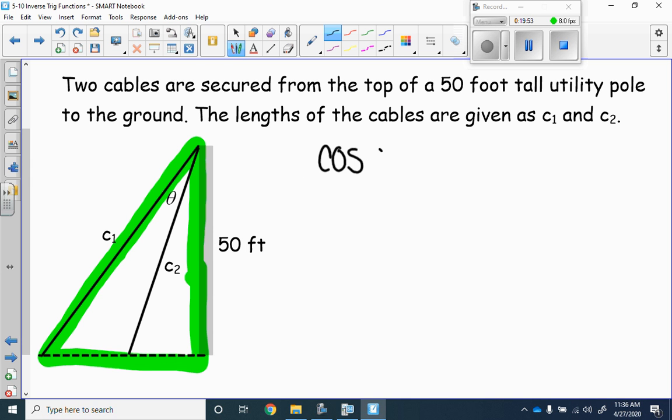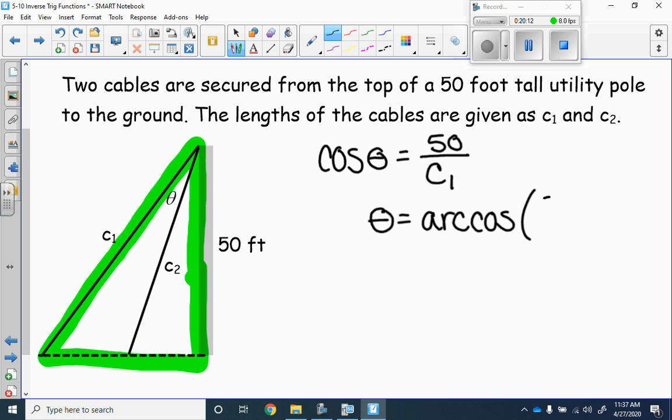So cosine of theta would be equal to the adjacent, 50, over the hypotenuse, which would be C1. And so now, once again, if I wanted to rewrite this, I could say that theta is equal to the arc cosine of 50 over C1. So that's working for the large green triangle.